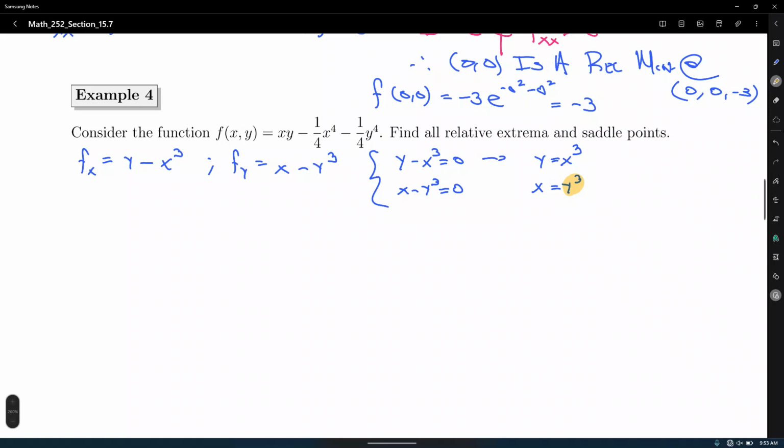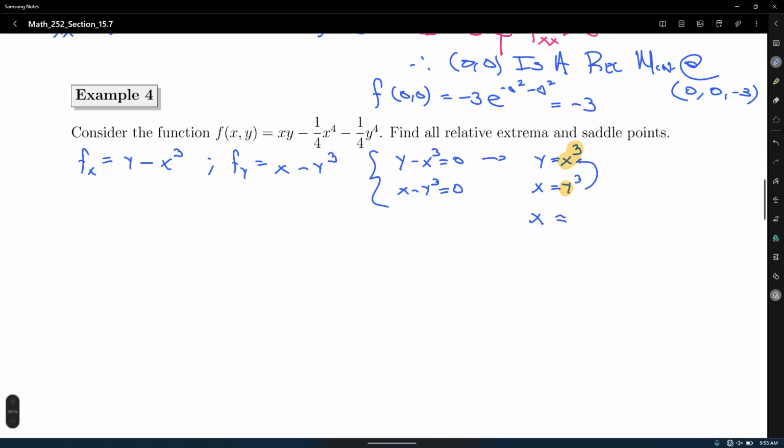I'm going to substitute there, but careful. I'm going to leave everything in terms of x. I'm going to replace y right here with x cubed.